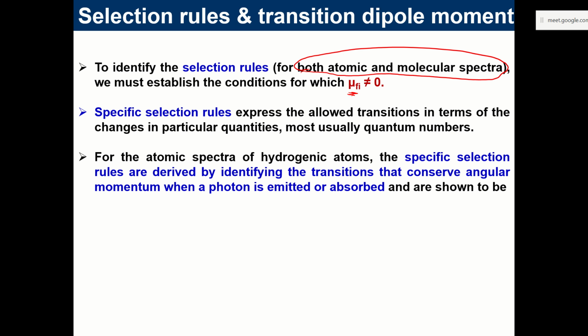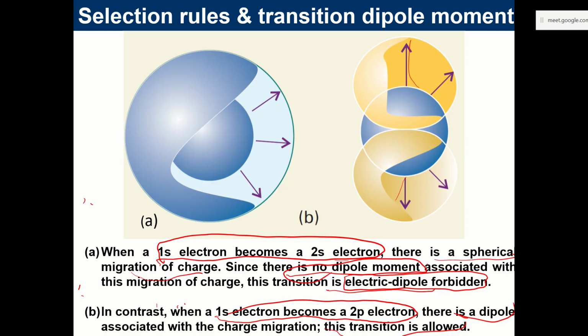And the second thing is that, क्या क्या होता है, पहले आपका energy of the light must match the energy gap, one. Two, during the transition there must be sufficient asymmetric distribution of charge. So during the transition, asymmetric migration of charges must be there, just like s to p.